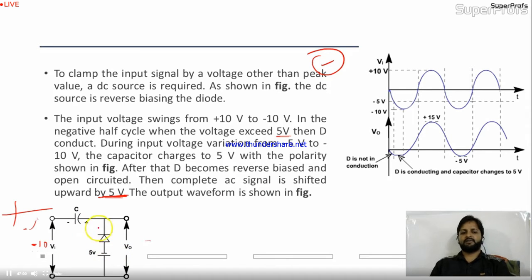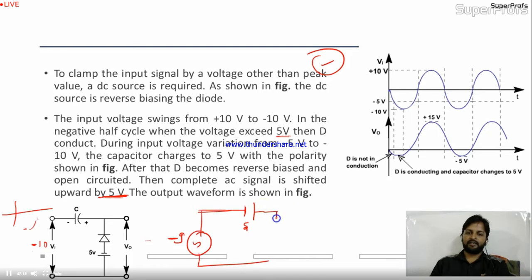Let's see the condition. The condition is now, how to check whether the diode is in reverse bias or not. When the diode is forward bias, the capacitor charges itself up to 5 volt, and after -10, the input will come with value -9. Here is the diode. We'll check the diode condition. This is the 5 volt over here.